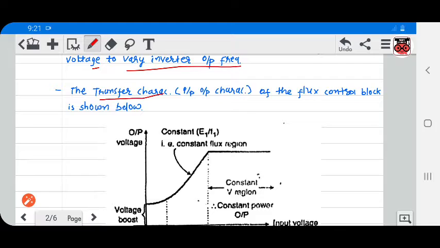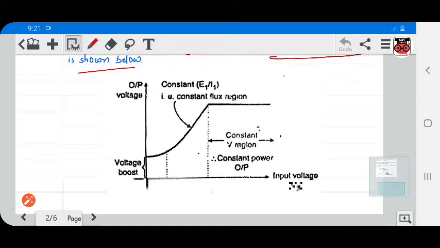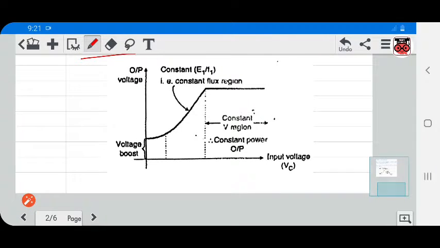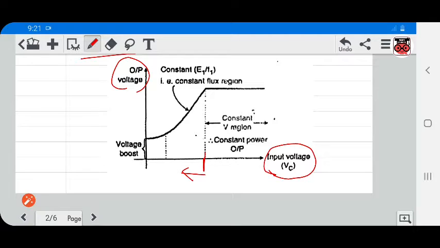Now, the transfer characteristic, meaning the input-output characteristic of the flux control block, is shown below. From this graph, you can see this is the output voltage, this is the input voltage, and this is the base speed. Below the base speed, E1 and F1, meaning stator voltage and frequency, are constant, and after the base speed, only the voltage will be constant.